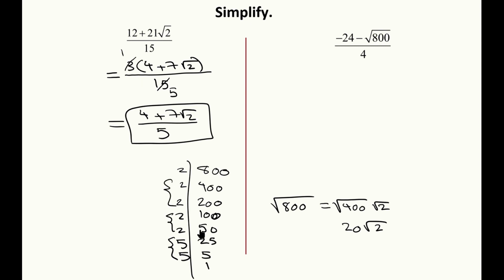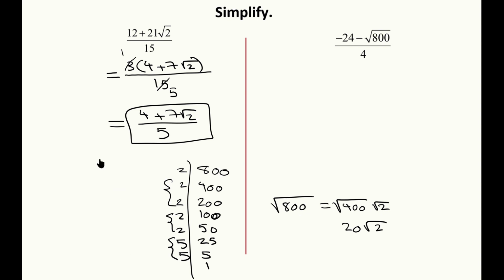That's 25 times 4, which is 100, times another 4, which is 400. So the largest perfect square factor of 800 is 400, and then it leaves us 2. So that's where we got the 20 radical 2. In case you can't just do that in your head, you can always do the longer process of prime factorization and get to the same result.